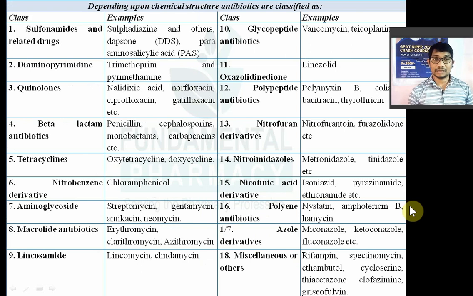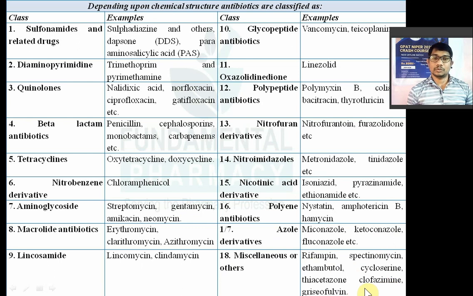Now the 17th class is the azole derivatives. In it there will be azoles. All these are antifungal drugs: miconazole, ketoconazole, fluconazole, itraconazole, etc. Now miscellaneous or other purpose antibiotics: rifampin is there, streptomycin is there, ethambutol, cycloserine, thiacetazone, clofazimine, griseofulvin.